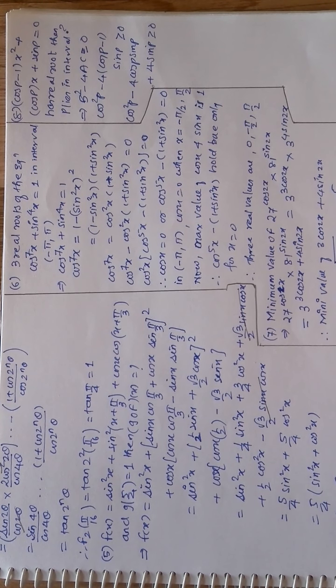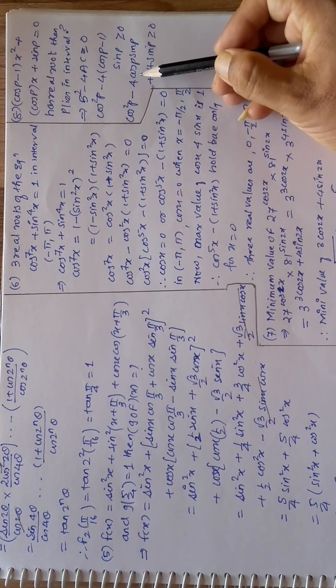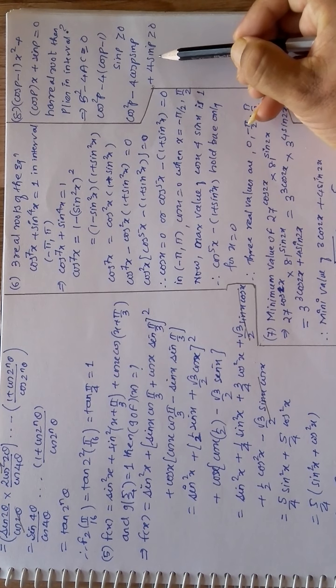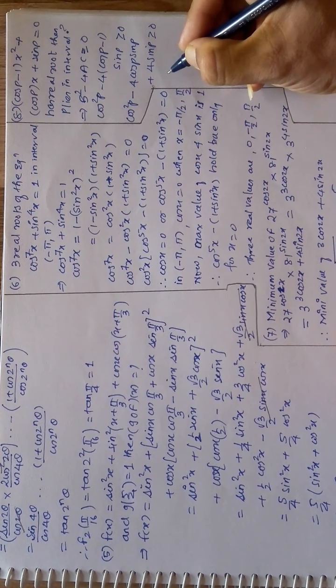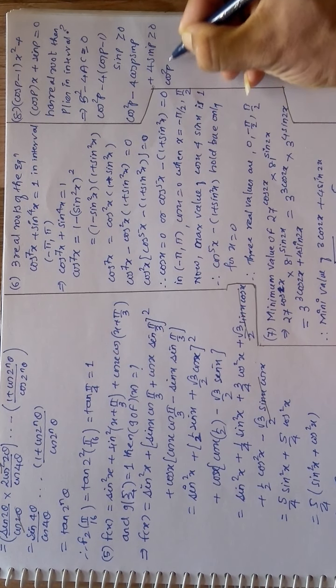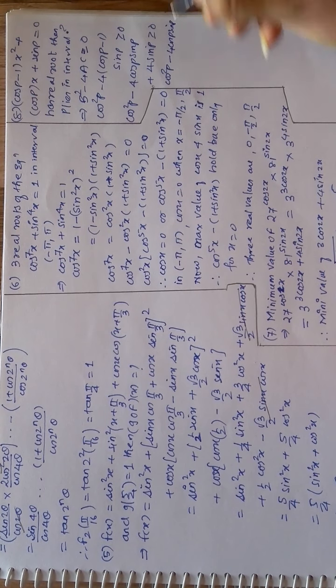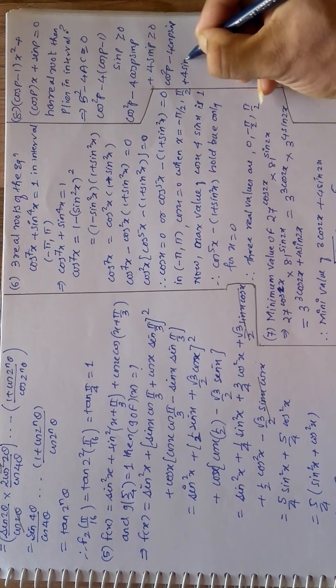Okay. So now here I can see this is cos square p, right? So the formula says 2 cos p sin p. That means I am missing sin square p and 2 more. That is, I need to add 4 sin square p. So what I am doing here is cos square p minus 4 cos p sin p plus 4 sin square p.